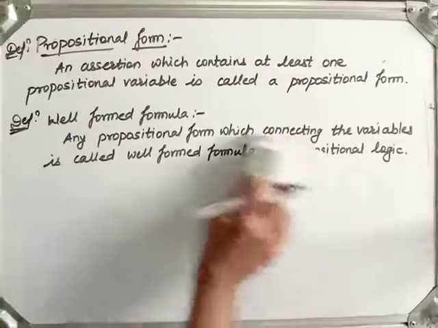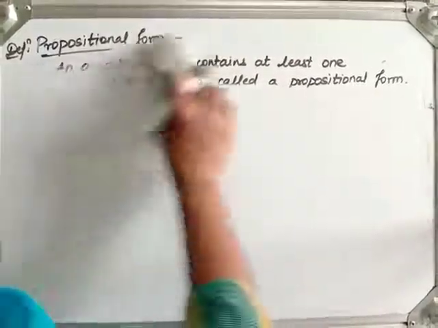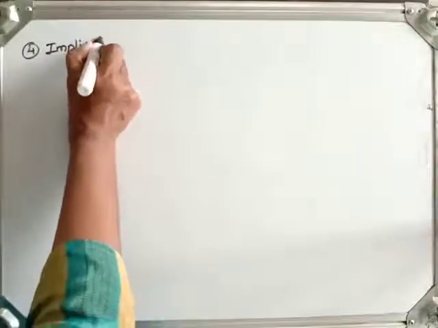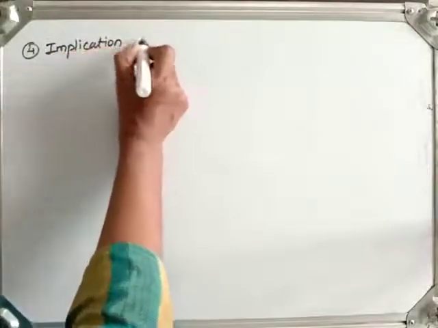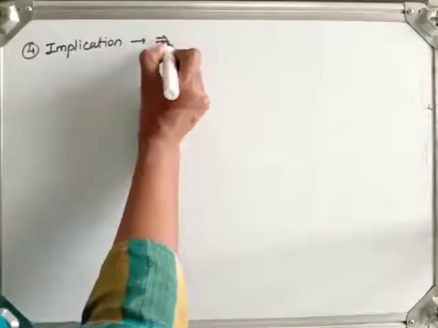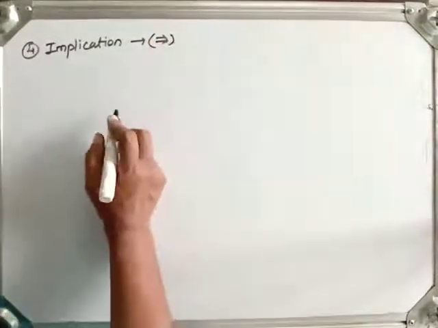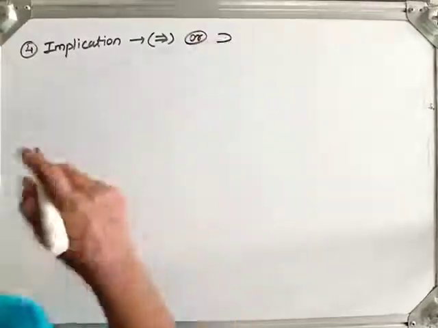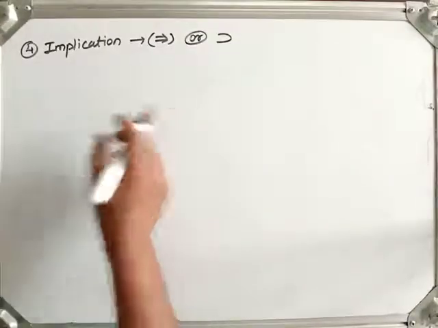The fourth logical connective is implication. Let me write about implication. The notation for that is implies, or one more notation for that is as such. In some books it is given as such.